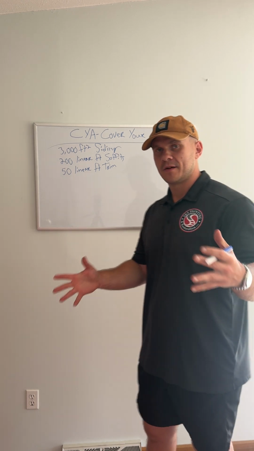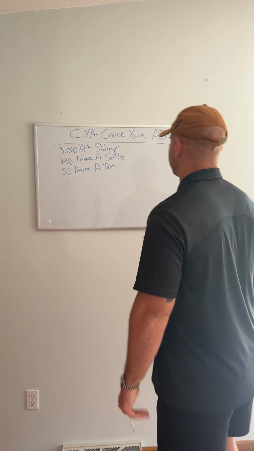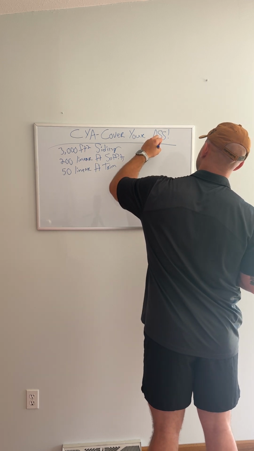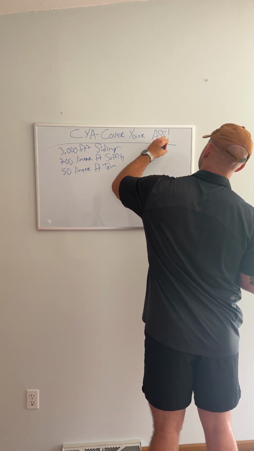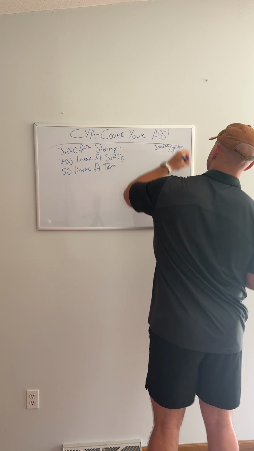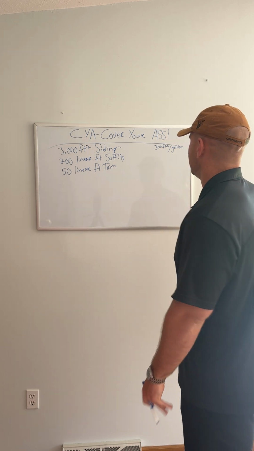So we didn't talk coverage rates. So this is where things get a little bit different. So we'll start with painting. So we get 300 square feet per gallon of paint that we use. So for every 300 square feet, we use 1 gallon of material.